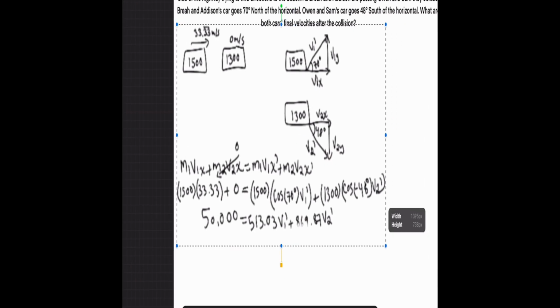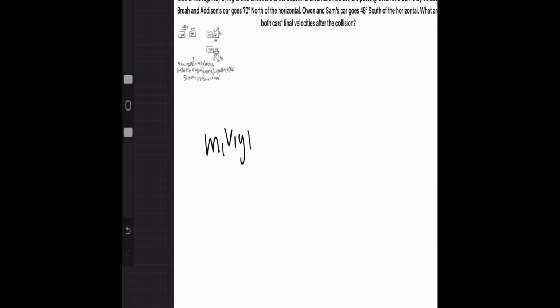Okay, now for the y component. We are going to be using this equation. This is because momentum is conserved.